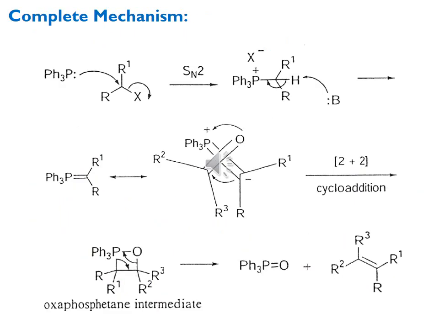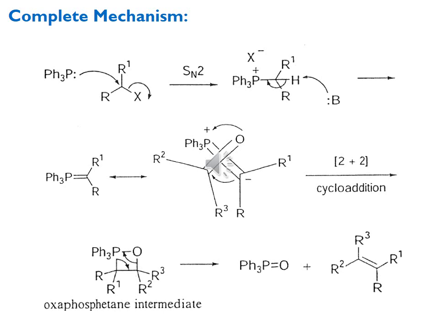Here is the complete mechanism of the reaction, where triphenylphosphine first reacts with alkyl halide through SN2 reaction mechanism and forms the phosphonium salt. This phosphonium salt further reacts with the base to produce phosphorus ylide. Phosphorus ylide then reacts with the aldehyde or ketone in a 2+2 cycloaddition manner and produces a cyclic compound having a 4-membered ring that is also called oxaphosphetane intermediate.